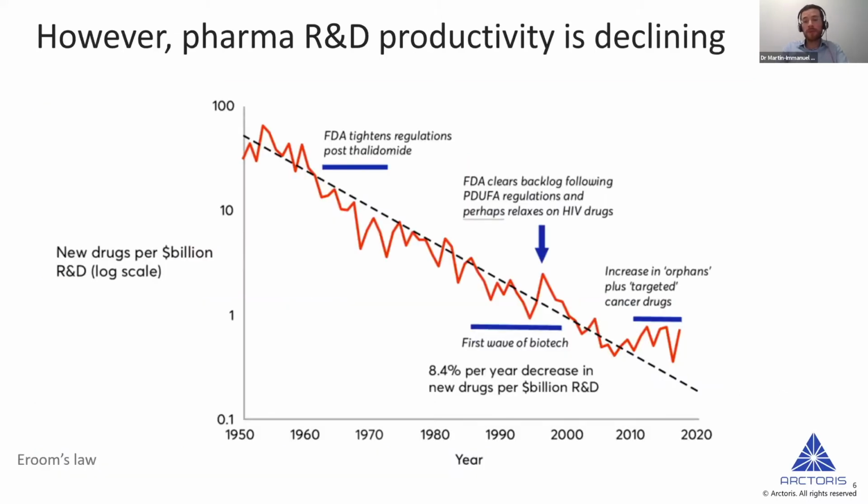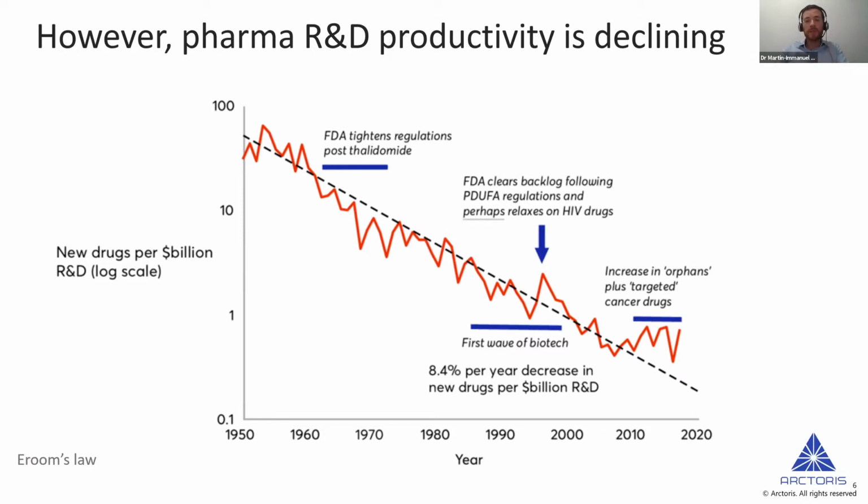Another reason we have to do that is because the model I just showed did not become better over the years, but worse. There is something called Eroom's law, the reverse of Moore's law, that describes how productivity in terms of number of drugs being approved per research dollar has been declining over the past decades.